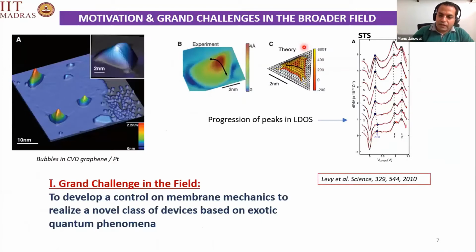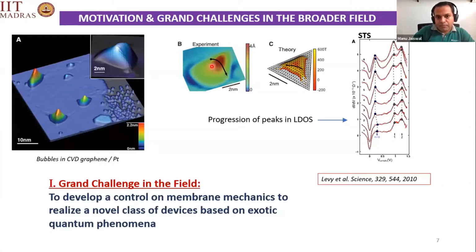How does this effect arise? People have seen the same using measurement of density of states, using scanning tunneling spectroscopy in accidentally grown bubbles. So if you take CVD graphene on platinum, then you get these very sharp bubbles that you can see in this picture here.